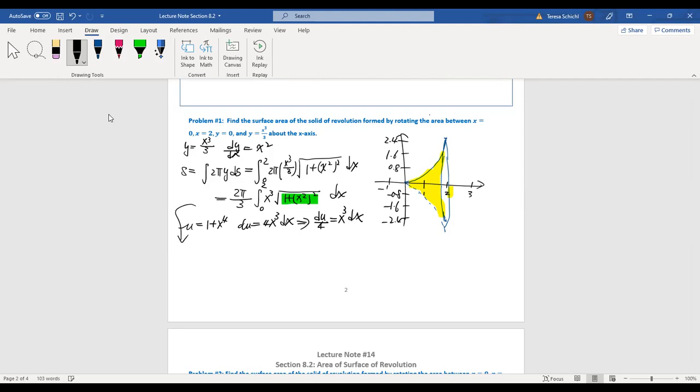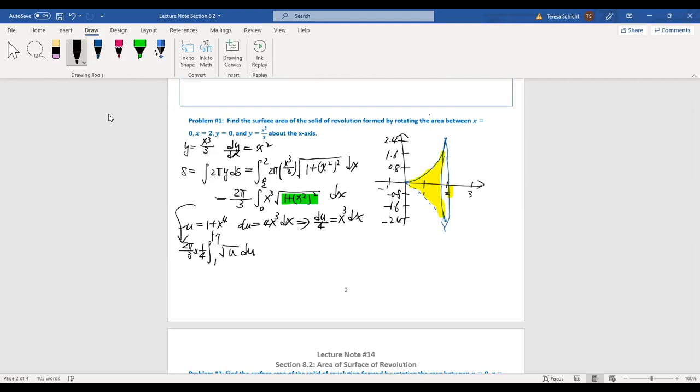Then you substitute here and do the integration. So it will be 2 pi over 3 times 1/4, I take that 1/4, and then this is the square root of u du. Then you plug in the top and the bottom.